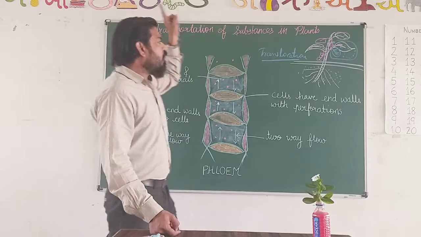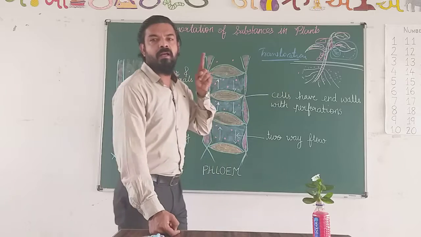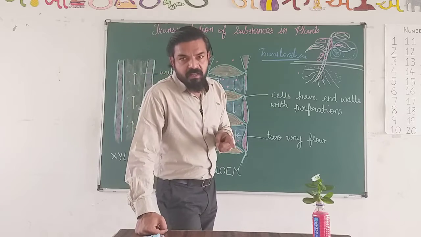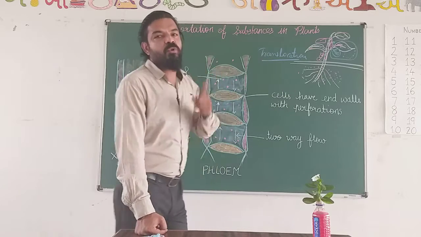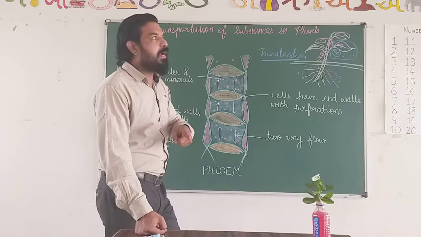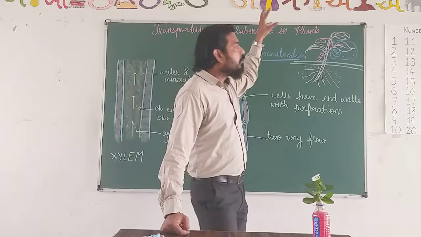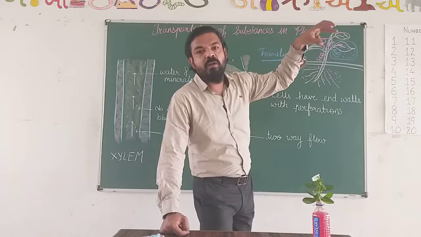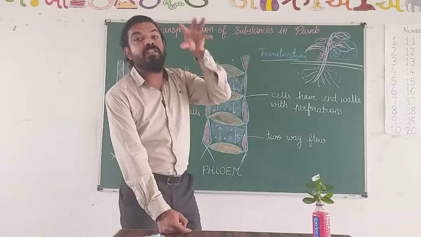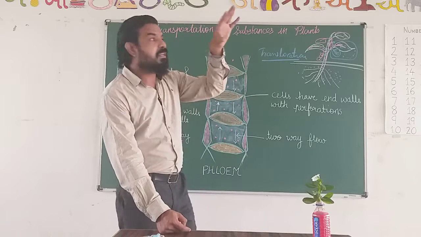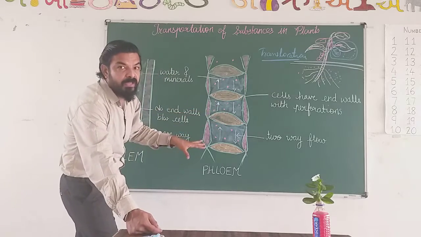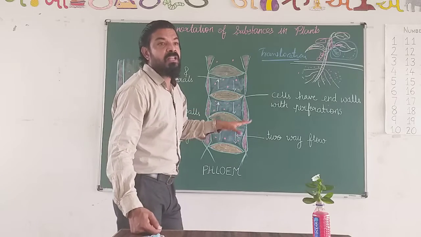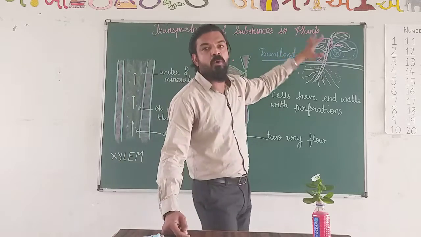transportation. And what is translocation? The protein, minerals, vitamins and sugar which are made by the plant are given to all parts of the plant. The location is selected by the phloem. This location selection is known as translocation.